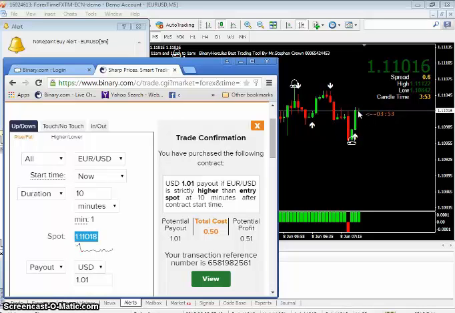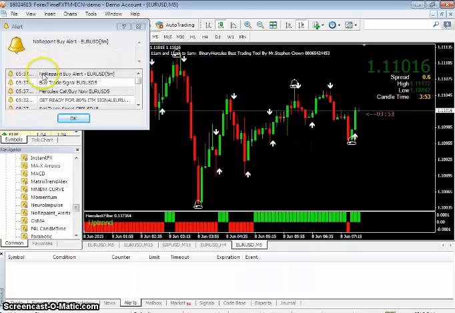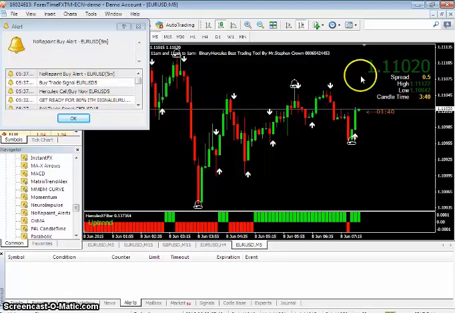Absolutely no breaking of your head. You wait for the alert. Look at what the alert gave to me. It told me here that it was going to go up. Look at it here. Call Euro USD. It showed it to me here. So now I'm waiting for it to go up in 10 minutes, hoping that it will go up and I win. Even if it's just 1 pip, it goes up, I'm good to go.